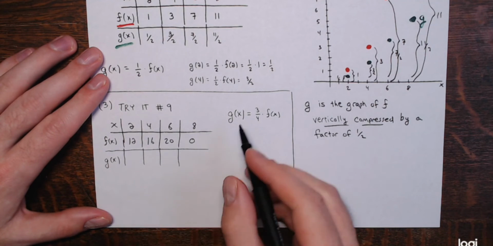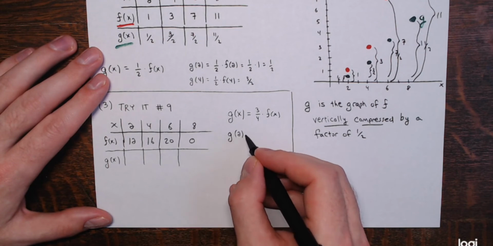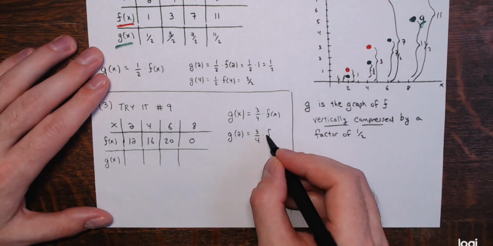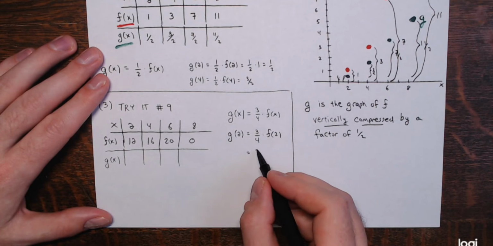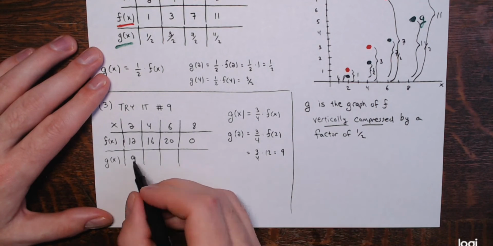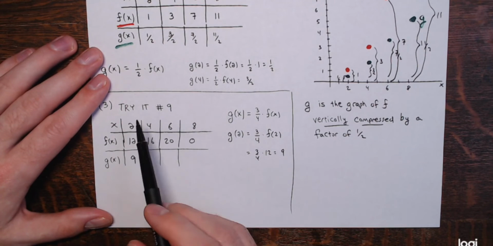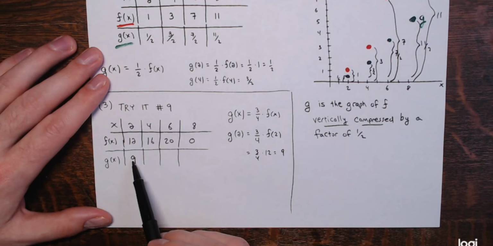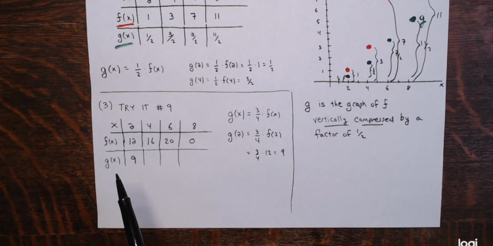So g of 2 would just be, replacing x with 2 in this rule, 3/4 times f of 2. That'd be 3/4 times 12, which is 9. So on the function g, you'd have the point 2, 9, which is 3/4 of 12, and that's a vertical compression by a factor of 3/4.